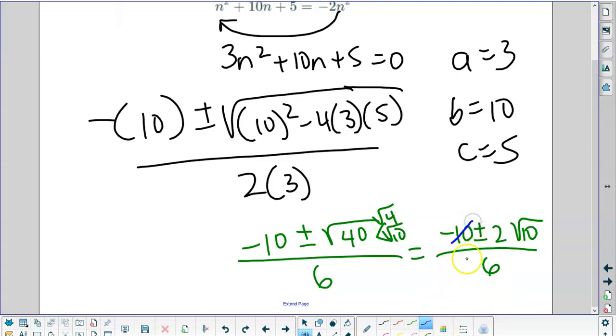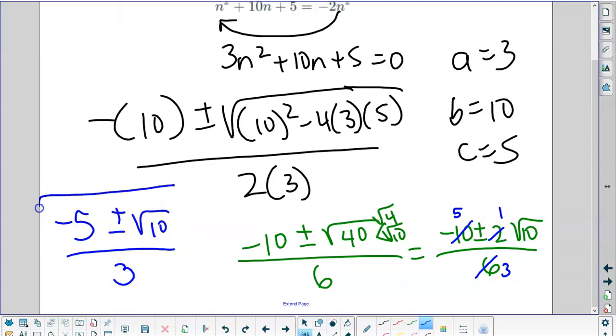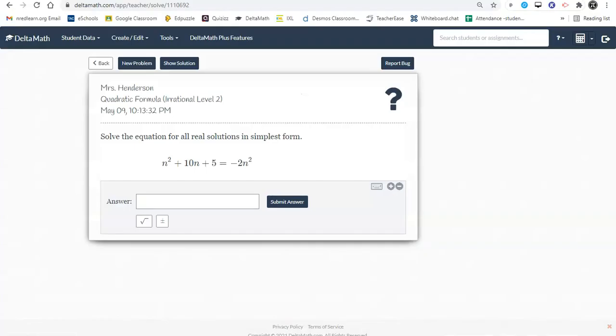And this can be reduced by 2. I'm going to get 5, and this I'm going to get 1, and this I'm going to get 3. So technically my answer is negative 5 plus or minus the square root of 10 all over 3. Now, how do you type that into Delta Math?